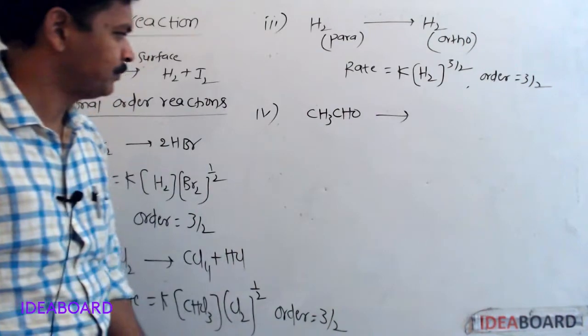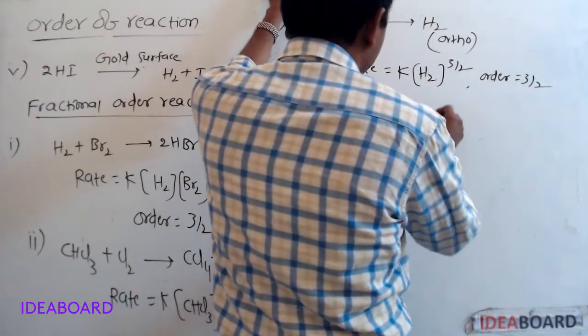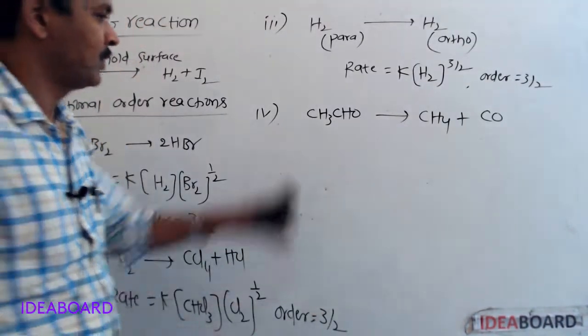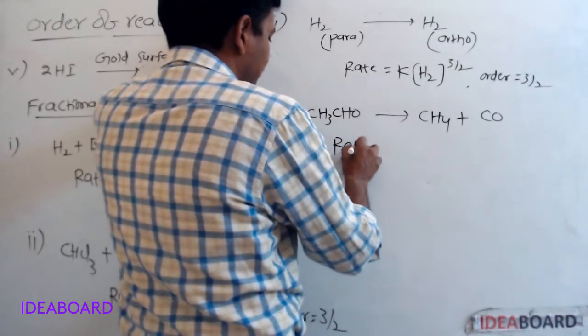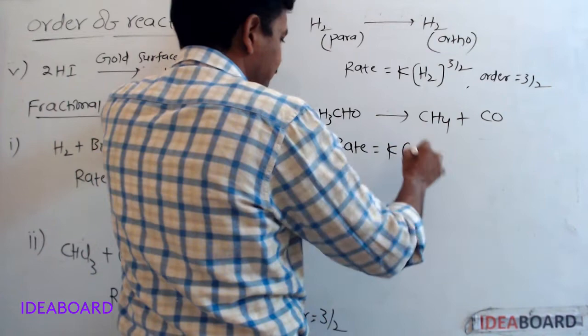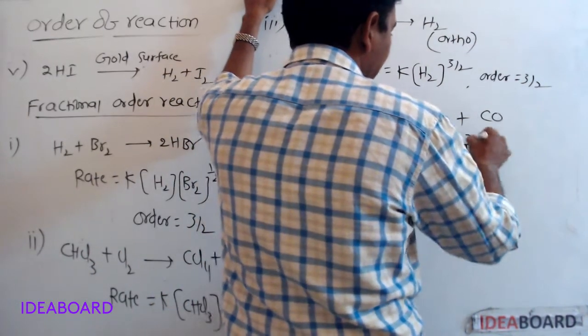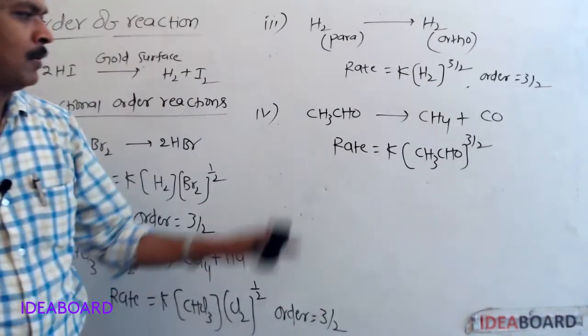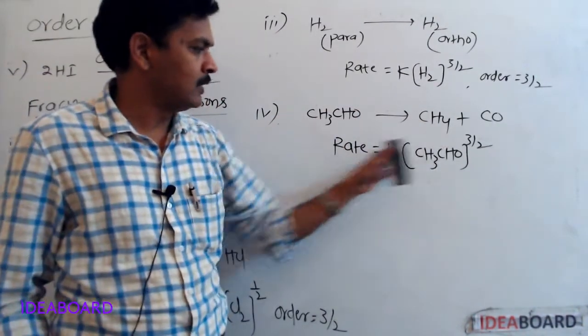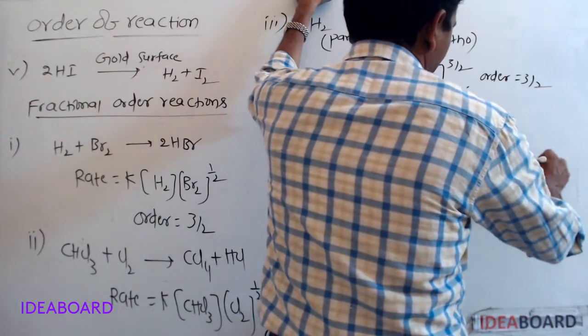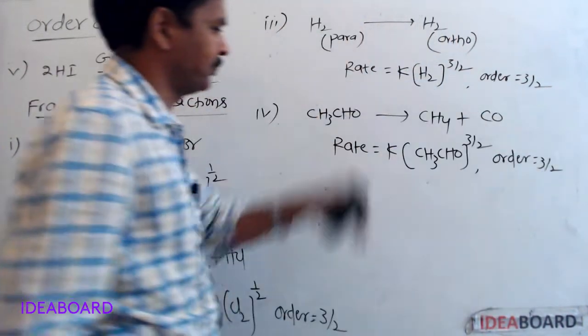CH3CHO on decomposition gives CH4 plus CO. Rate is equal to K into CH3CHO concentration power 3 by 2. For this reaction, this is the rate equation. So here also order is 3 by 2.